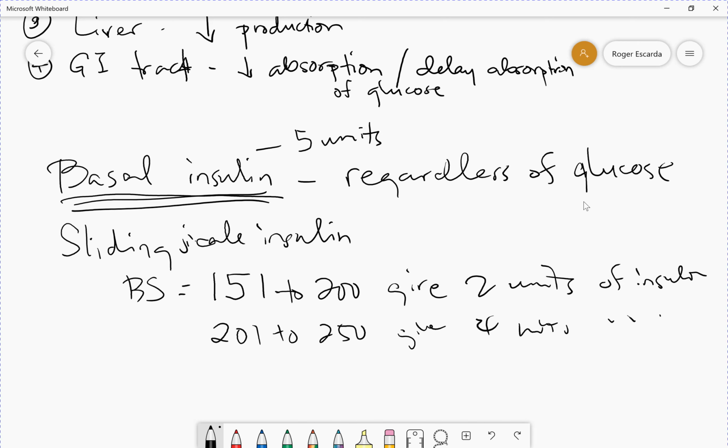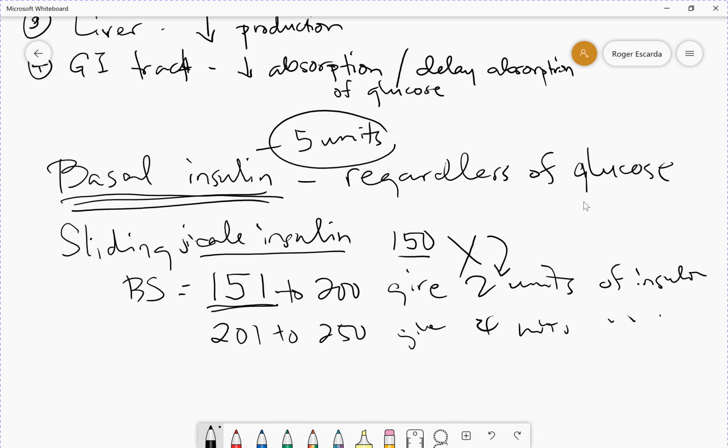If the patient's sugar is, let's say, 150, they won't get the sliding scale because it has to be given once they go above 150. However, at 150, they will still get their basal insulin of 5 units. And then when they get to 151 to 200, on top of the 5, they will be given the extra 2 units. So that's the difference between sliding scale and the basal insulin.